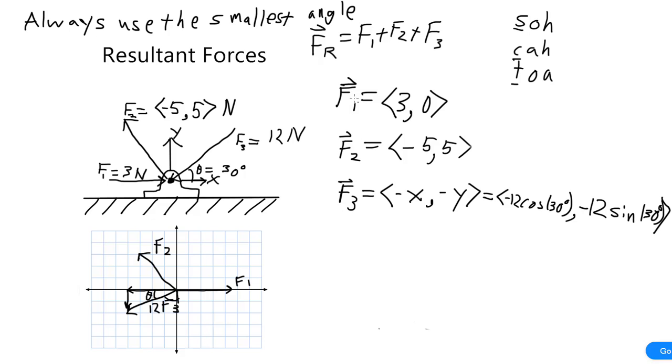So anyways, if we continue on with this, we're going to do F1 plus F2 plus F3 in the end, and we're going to get FR. How you add vectors is you just add the components. So all we need to do is add all the x components and all the y components. So FR, the sum of the forces, is going to equal: the x component is going to be 3 minus 5 minus 12 cosine of 30 degrees.